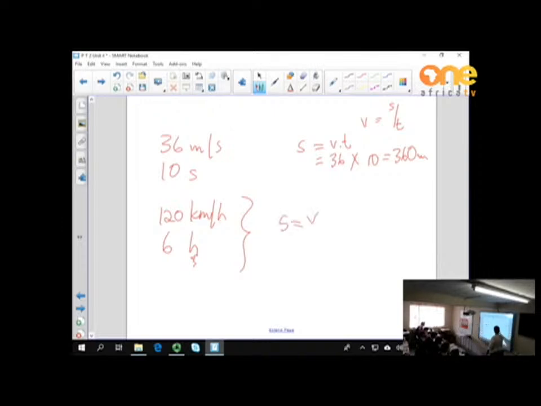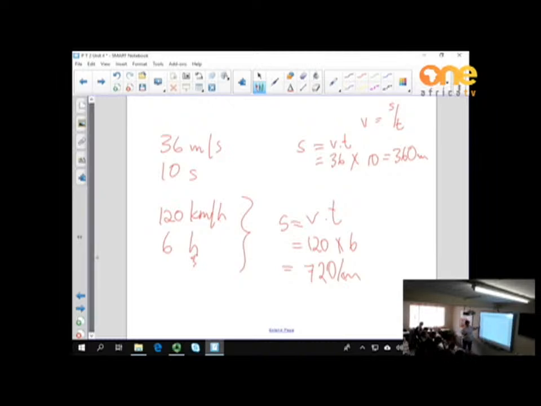It is velocity times time. So it's 120 times 6, which is 720 kilometers. Any questions there? Kilometers, thank you. Yes, somebody is awake.